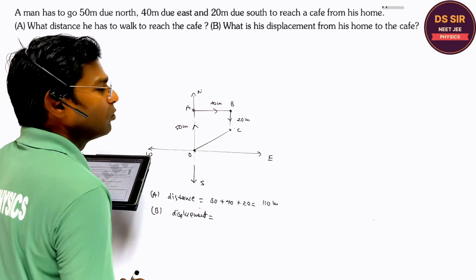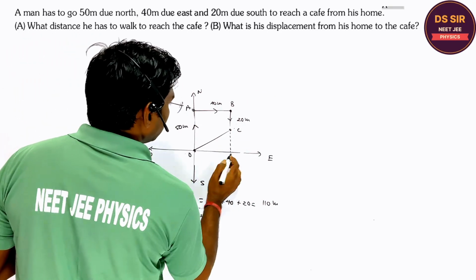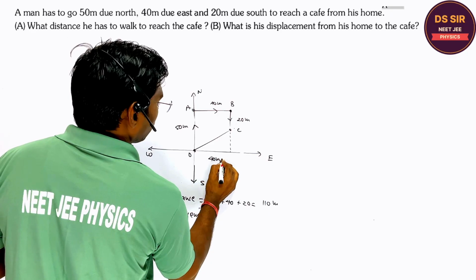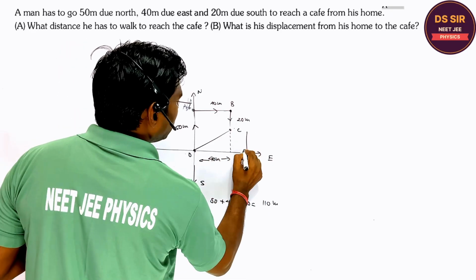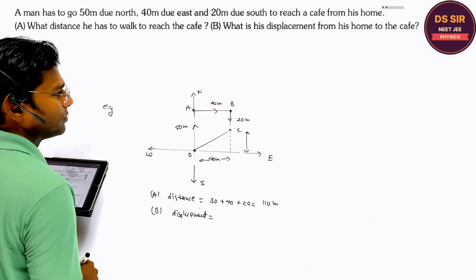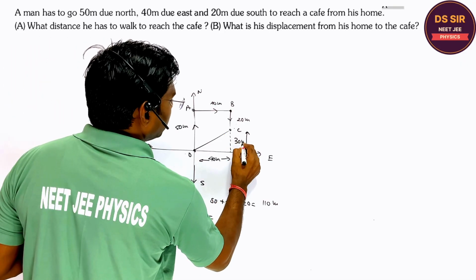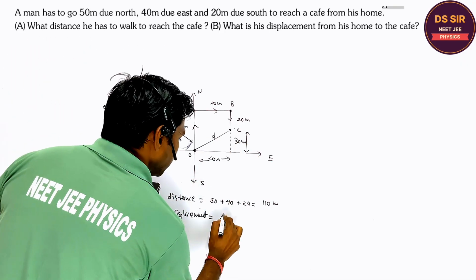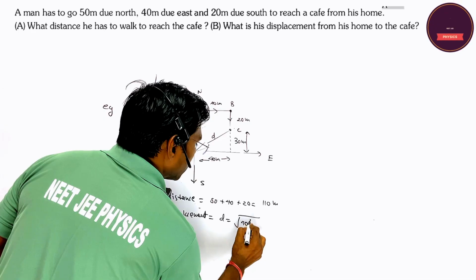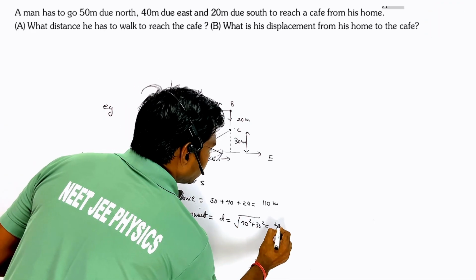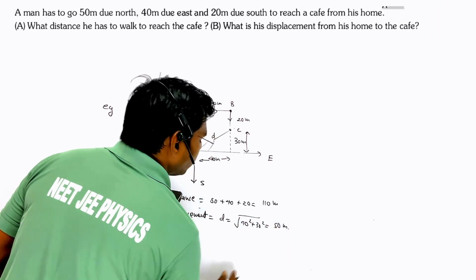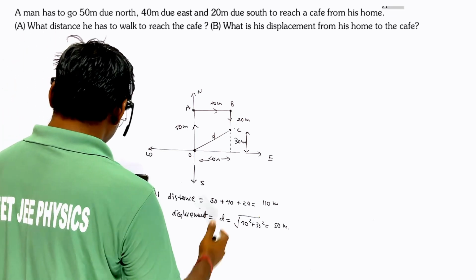This is the displacement. How would you find it? Listen one thing. This distance is what? Say 40 meter. And this distance is how much? 30. Very good. And the displacement is nothing but root over 40 square plus 30 square. When you calculate, you will get 50 meter as the displacement. Copy this.